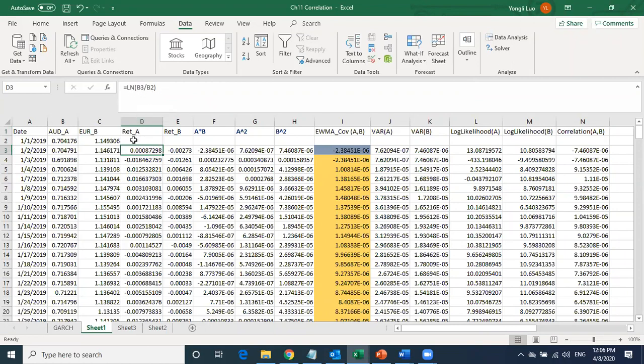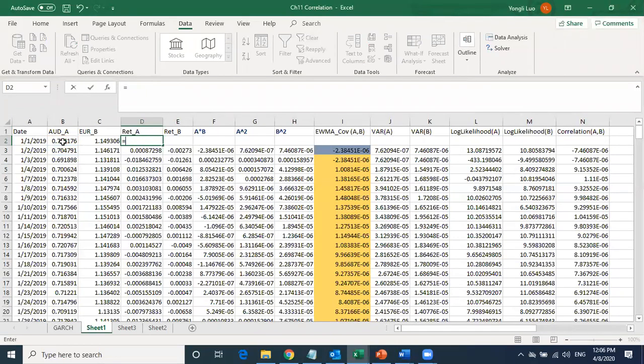Remember, you can use log return, or you can do the price of the most recent period minus the price of the previous period, divided by the previous period's price. So this way you can calculate return. Either way is fine.